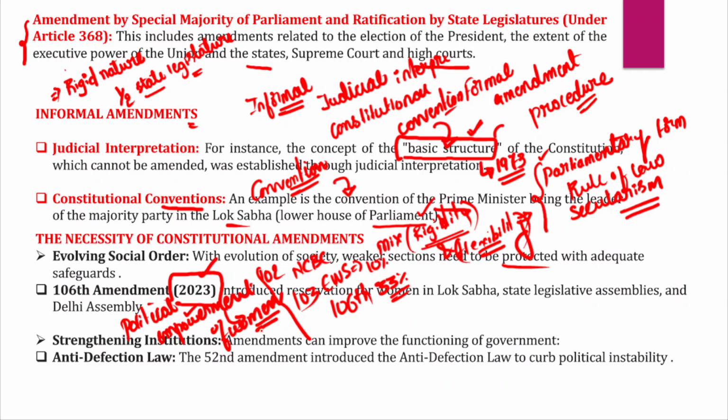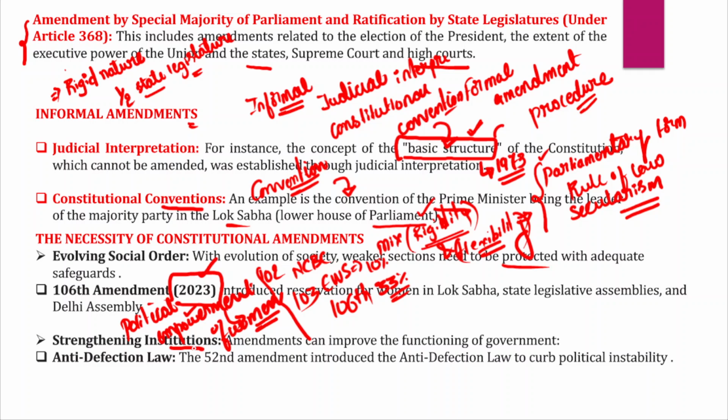Apart from that, it would also strengthen the existing institutions. So in order to strengthen existing institutions also, you need to amend the constitution, because that could ensure India is a functional democracy, a healthy democracy.